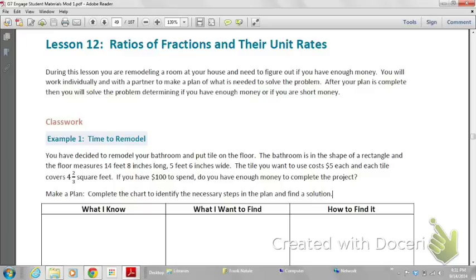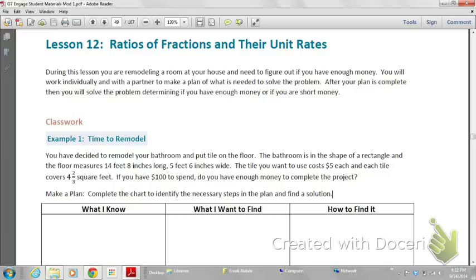Hopefully some of you are getting together with friends to do some math at some times. But anyway, I'm going to go ahead and read this to you, and then I want you to spend some time making a plan, and then we'll come back and we'll talk some more later on and see how you solve this problem.